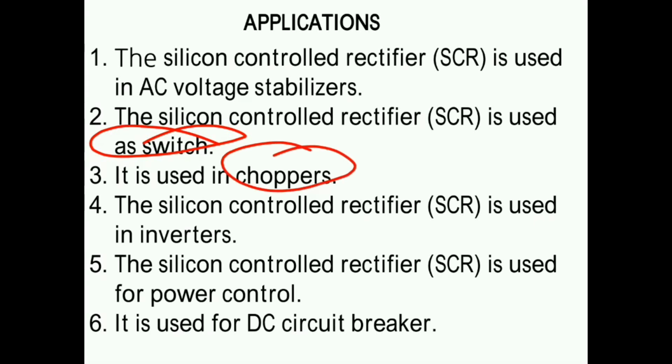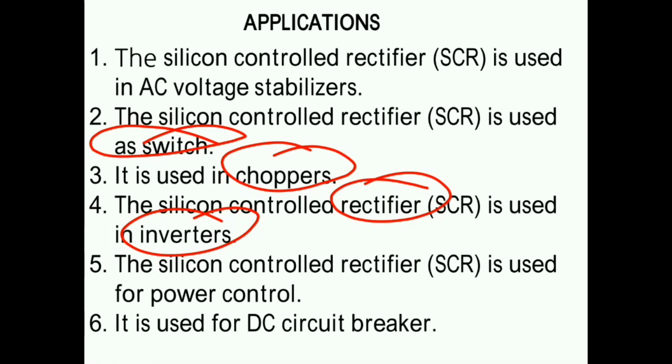If you want to convert fixed DC to variable DC, a chopper is required, and for that SCR is used. It is also used in rectifiers and inverters. A rectifier converts AC supply to DC supply, and the inverter is the reverse: it converts DC to AC supply. For that SCR is required.